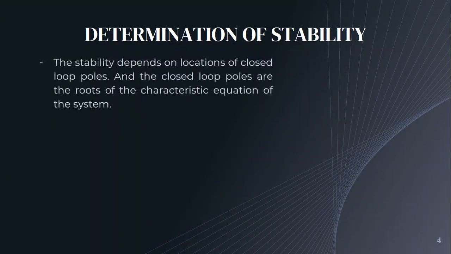Now how do we determine the stability of the system? The stability basically depends on the location of the closed loop poles. If I revisit this term, poles are the values for which the transfer function becomes infinite, so basically they are the roots of the characteristic equation of a system.